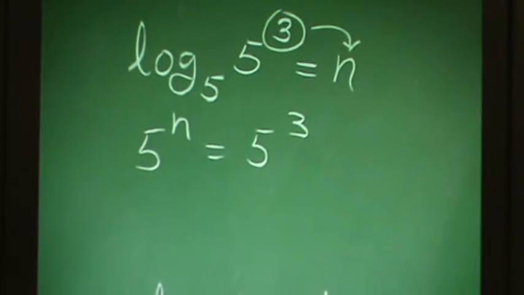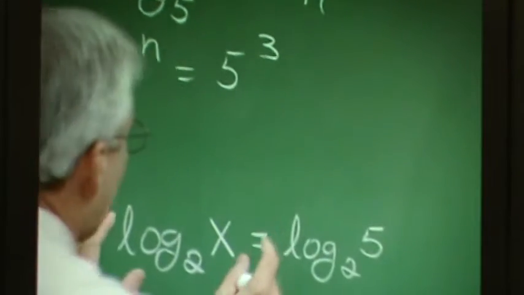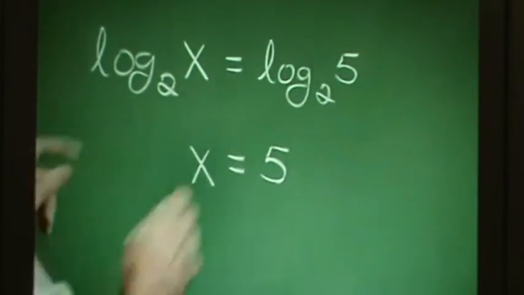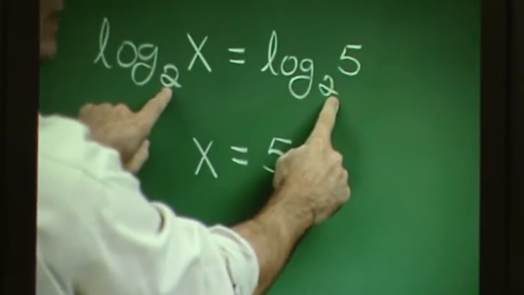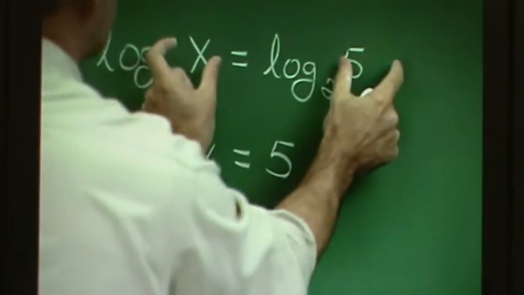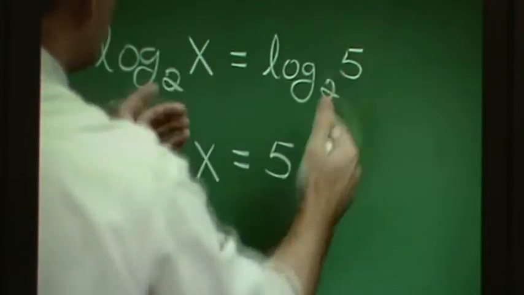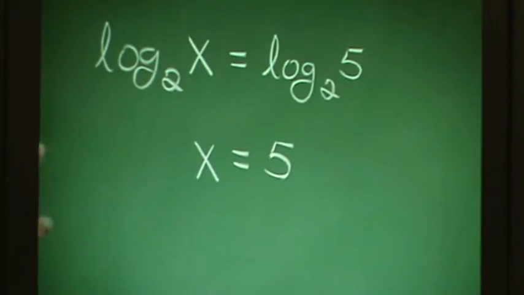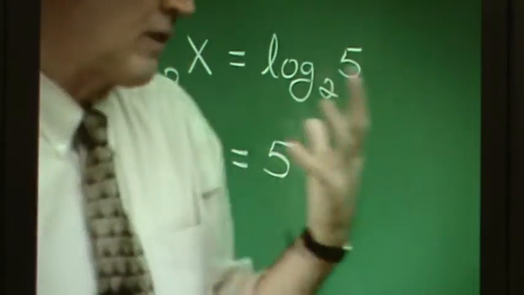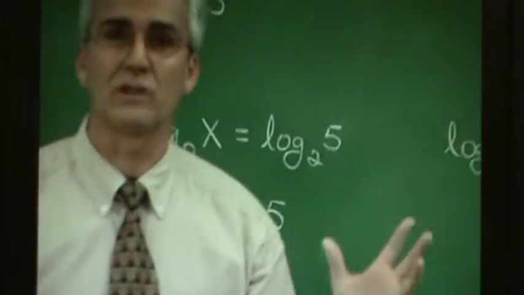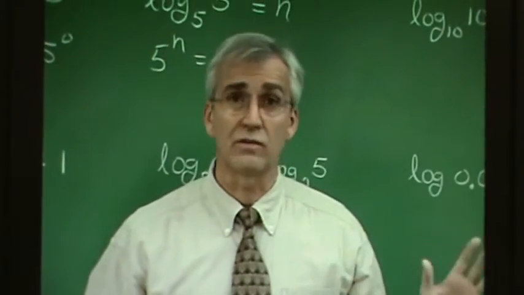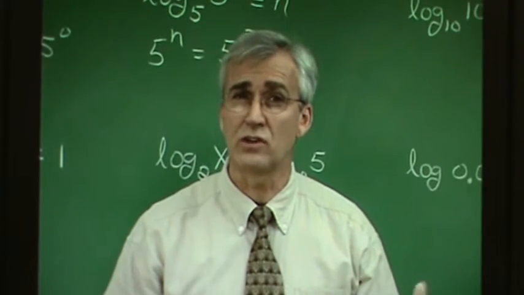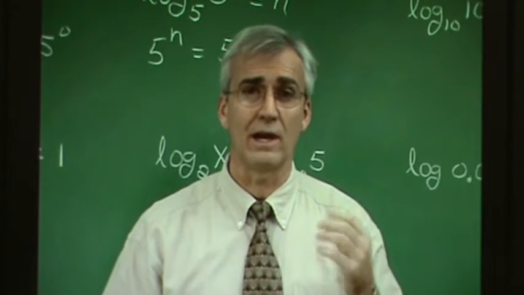Here's another situation that occurs from time to time. If we have a single logarithm on both sides of an equation and they have the same base, then we can actually set these numbers equal to one another. It must be the case that x is equal to 5. And if you think of logarithm as another operation along with the operations from arithmetic of adding, subtracting, multiplying, dividing, then we have exponentiation, and we have absolute value, and we have radicals.